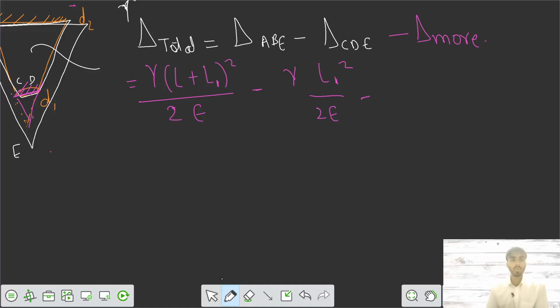We know deformation equals PL by AE, but now we need to calculate the value of P. The value of P is the weight of this part CDE, which we write as PCDE. PL1 by AE.